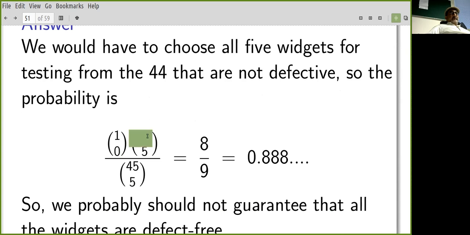Out of 44 perfectly good widgets, we have to choose 5. That's the number of ways of not selecting the defective widget. And there are 45 choose 5 ways of selecting 5 widgets. So the probability of not selecting it is 1 choose 0 times 44 choose 5 divided by 45 choose 5. That's equal to 8/9, 0.8 repeating.